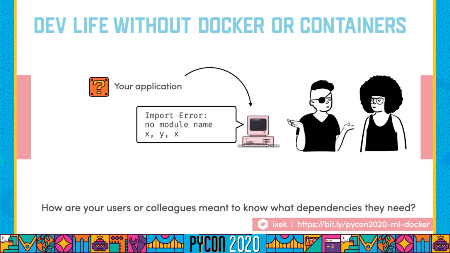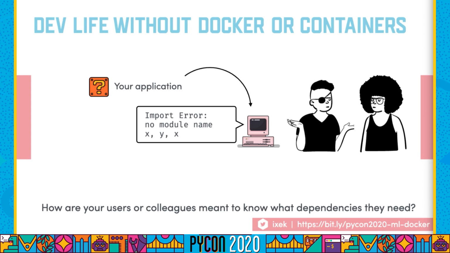And how many times have you encountered this issue where it says that module doesn't exist? And that's probably the least of your problems. What about folks using different runtimes? Maybe someone is still using Python 2, and you developed your whole algorithm and your whole model using Python 3.